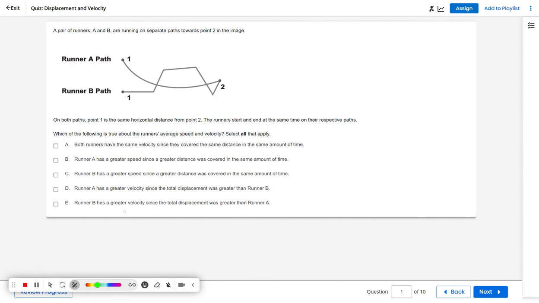It's not being positive or negative as you see with runner number two, I mean runner number B. So what's going to happen is since runner B has more distance, since that person's distance is greater, it's going to have greater speed.